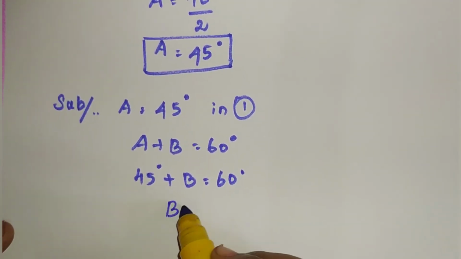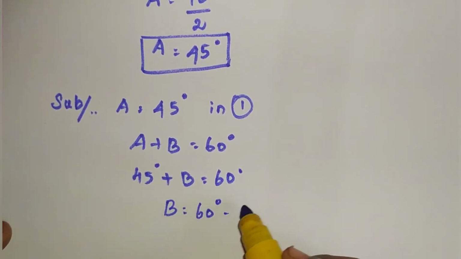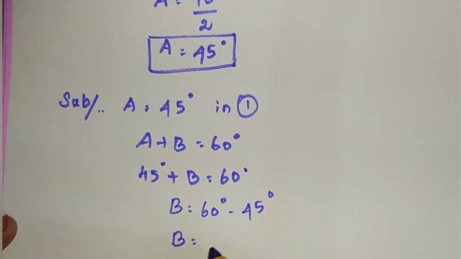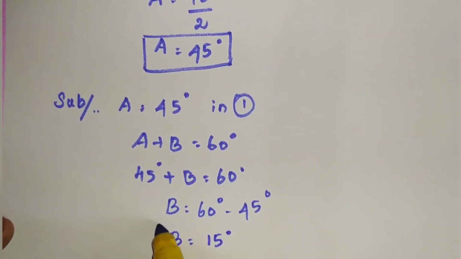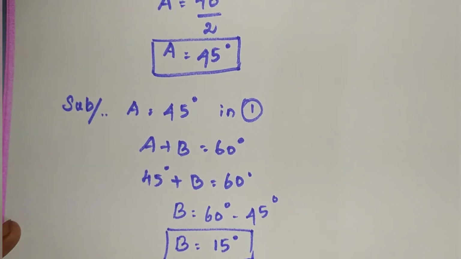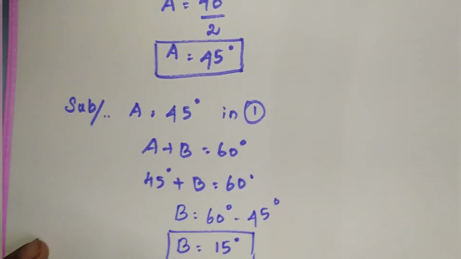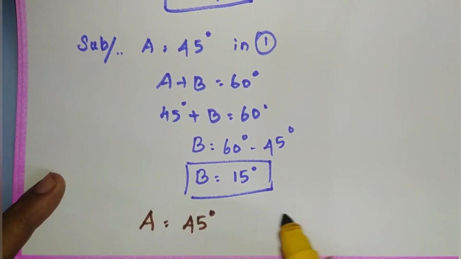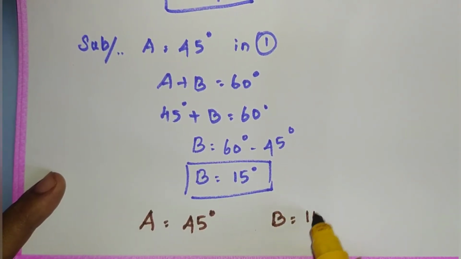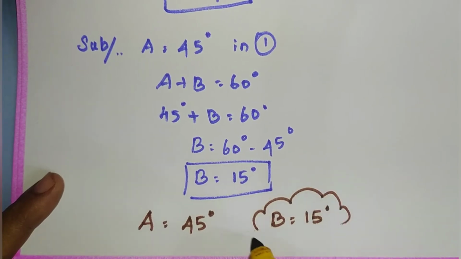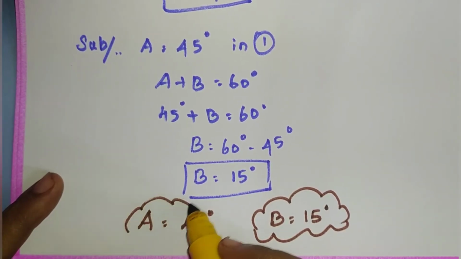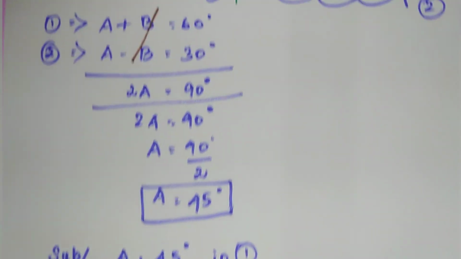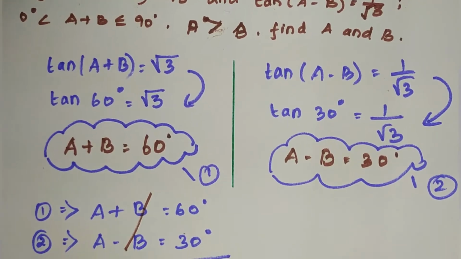Then b is equal to 60 minus 45 degree. B is equal to 15 degree. So what is the value of A? A is 45 degree and B is 15 degree. This is a very important problem and a very easy problem also. Are you all clear, children?